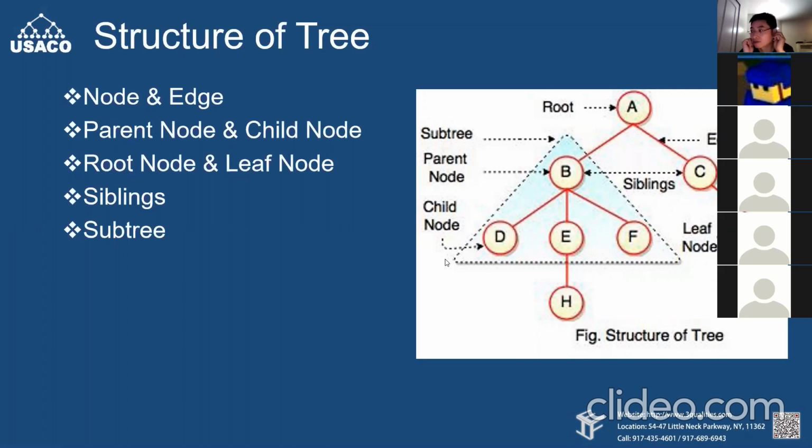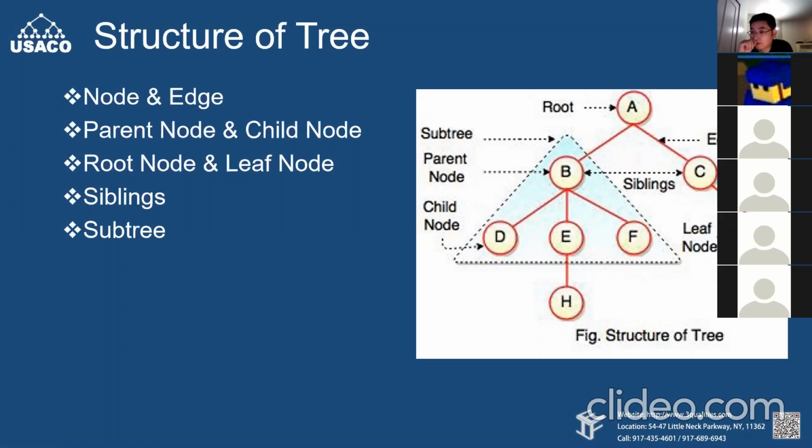One more. And D. D. Very good. We can see here D, H, F, and G. They are the nodes that don't have child nodes below them. So these nodes are called leaf nodes.